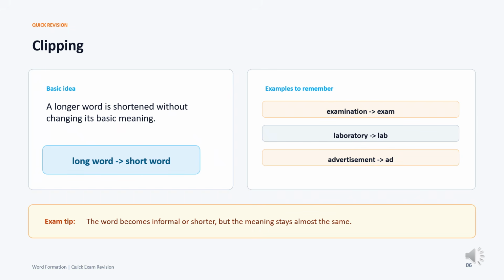While writing exams, do not confuse clipping with back formation. In clipping, the meaning stays the same. The word simply becomes shorter. Whereas in back formation, a noun may give rise to a verb. The word class changes.